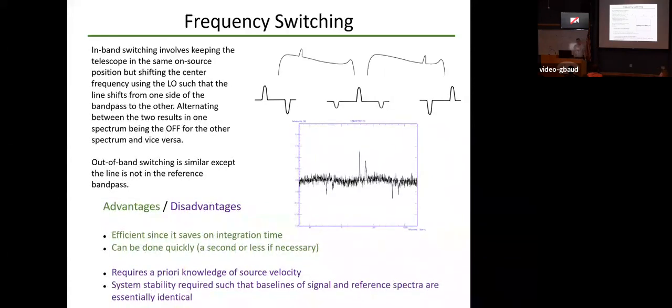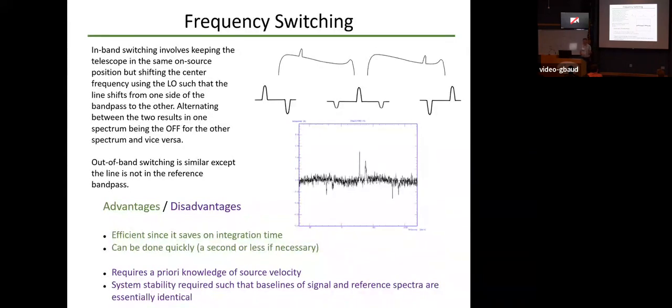Now, why might you want to do this? Well, you're characterizing again this band pass shape. You want to get rid of this band pass shape, and you also want to get rid of all of that other junk that is not as frequency dependent as where your spectral line is, right?